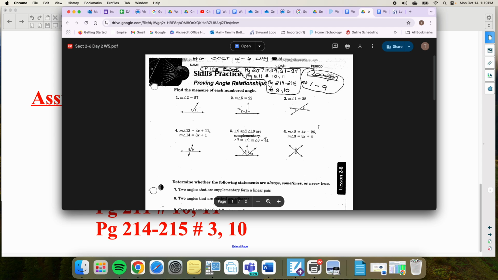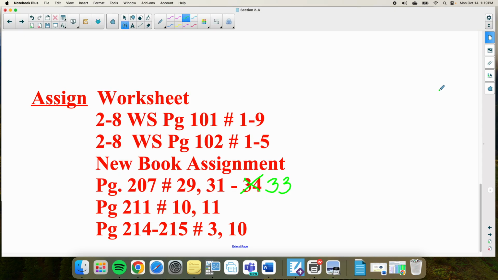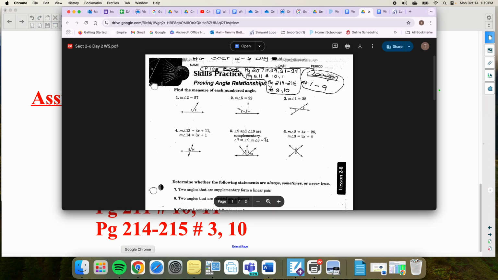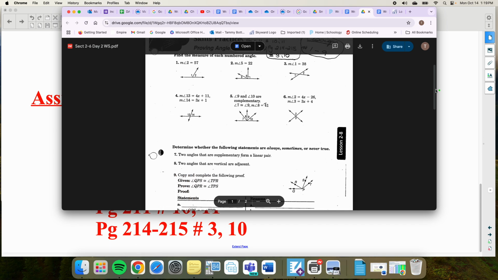This part is in the book. I did not make copies of the worksheet. So what I would do if I were you is I'd do these first, except we're not going to do 34. Don't do 34, okay? And then do that and then worry about the worksheets.